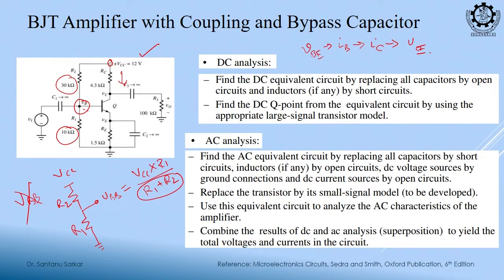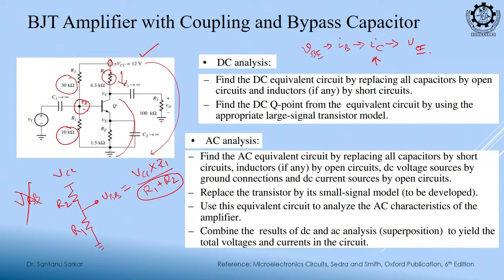then find out VC. Next, to find out IC, what is your equation? VCC is known. Suppose you have to find out this VCE, then (VCC minus VC) by RC, you will get IC. So, the next target is to find out the value of RC. If you can find out the value of RC, IC will be known. The next target is to find out this loop, VCE, or this complete loop.